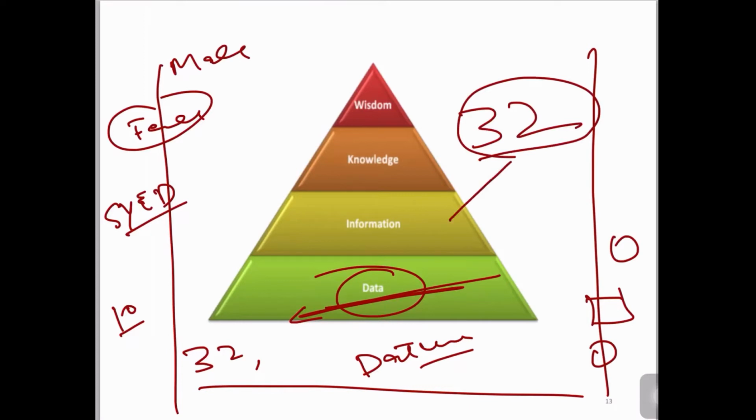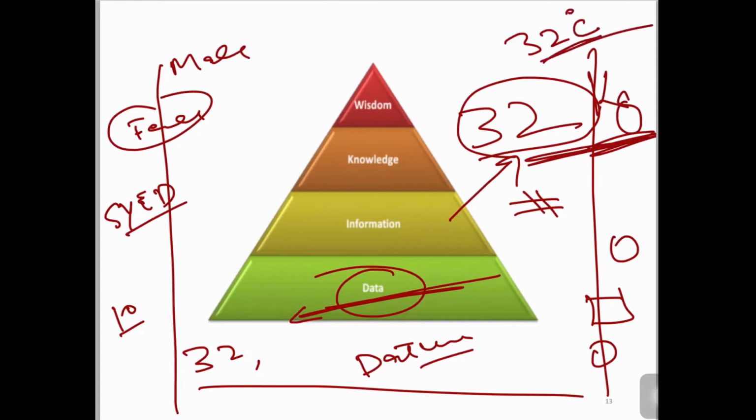What is 32? 32 is a number, right? But does it convey some meaning? 32 could be a length, a temperature, anything. 32 maybe kg. When I say 32 kilograms, it gives us some meaning. When I say 32 C, that means it's now a temperature. So data itself is incomplete, or you can say raw.